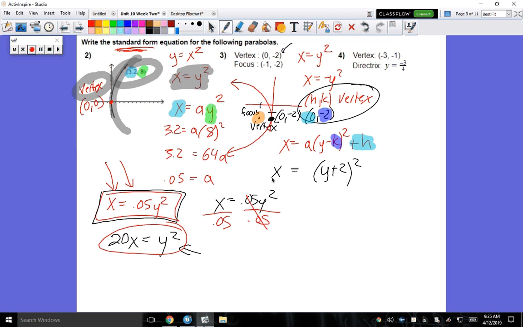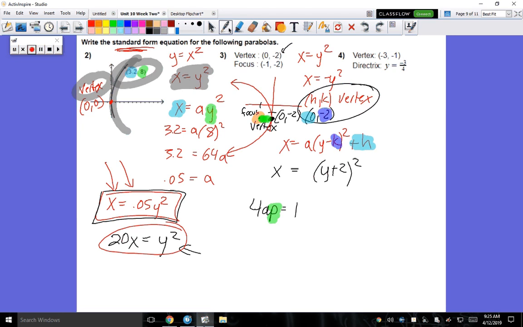So if we go back to trying to find the focal length, let me make a little bit of room. We can see from this that we have the p-value. We might have to calculate in our brain just a little bit, but the p-value is that distance between the light bulb, per se, and the vertex. That focus and the vertex.